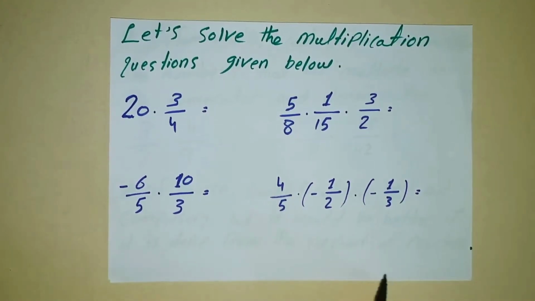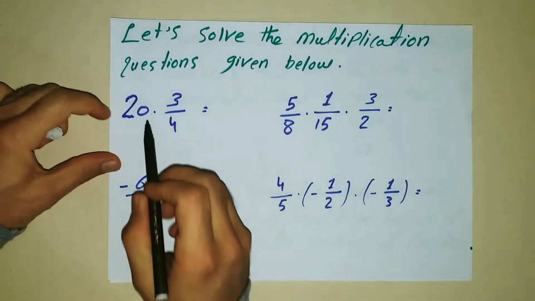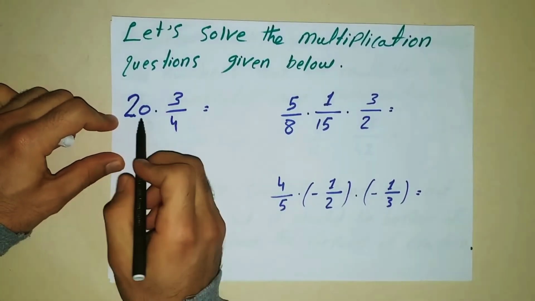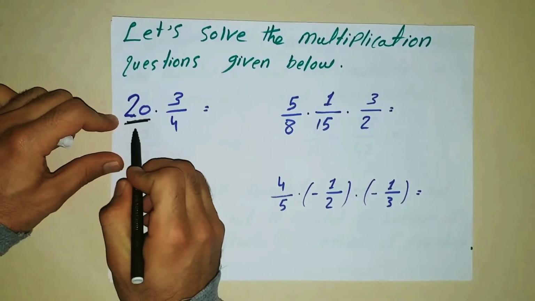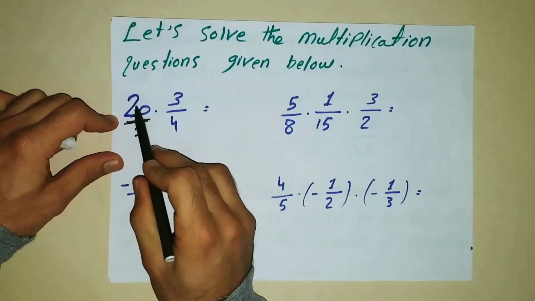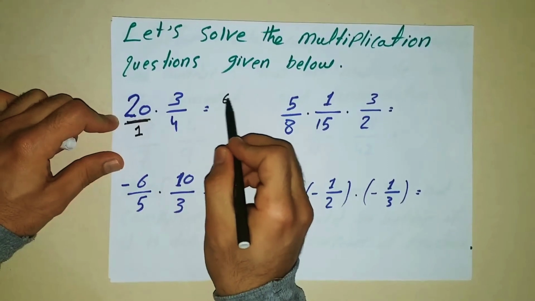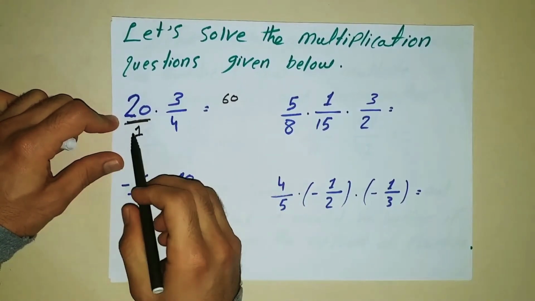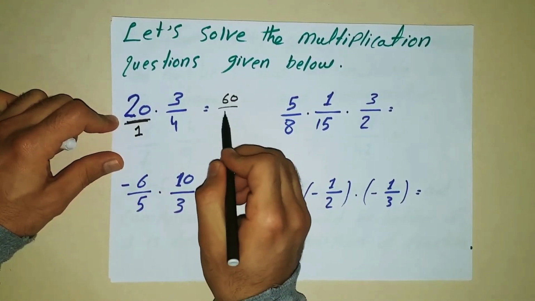Let's solve these multiplication questions. They are given below. Like in this question, 20 multiplied by 3 by 4. So there is a 1. We know that there is a 1, but we are not going to write it. So now 20 multiplied by 3 is 60, and 4 multiplied by 1 is 4.